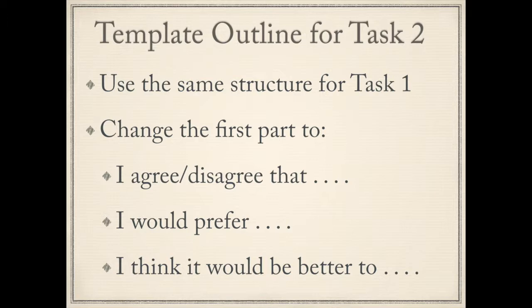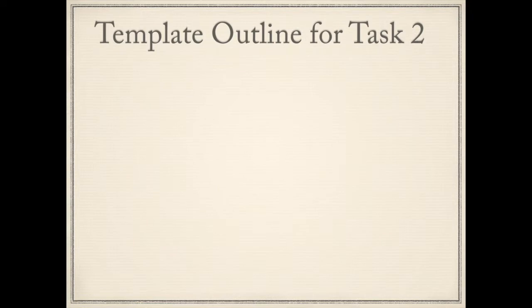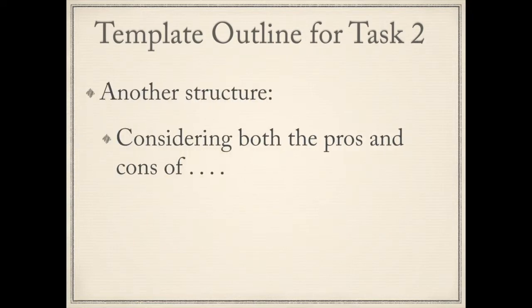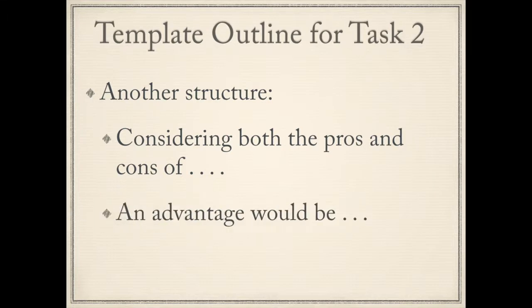Okay, so remember that it shouldn't be exactly the same, but task 1 and task 2 build on the same resources, the same reasoning. So for example, you can say, considering both the pros and cons of, an advantage would be, it doesn't have to be exactly the same. I'm giving you some variations here.